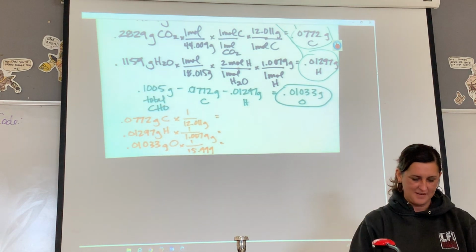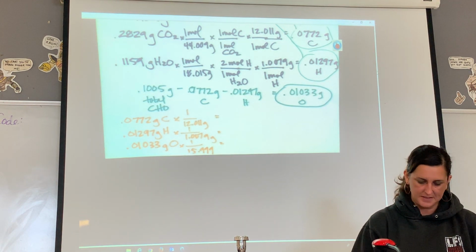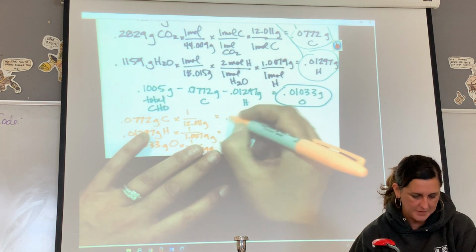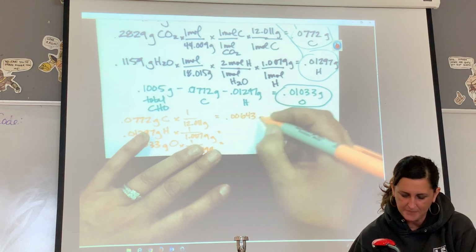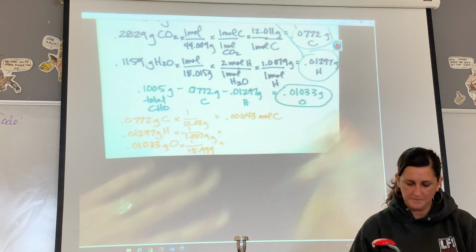So you're going to go 0.0772 divided by 12.011, and we get 0.00643, and we know that's moles of carbon.